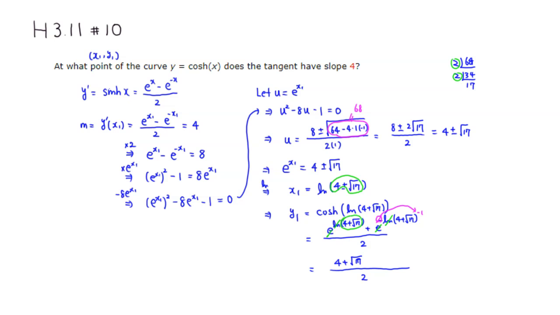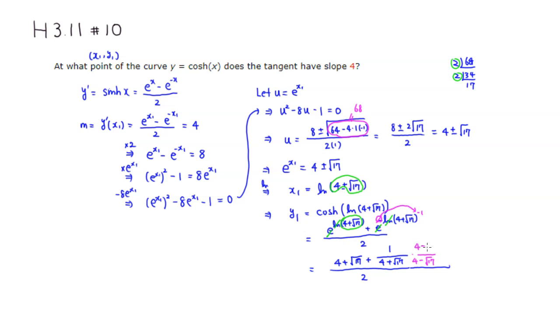Here we will have 4 plus square root of 17 to the negative 1 power. So it's going to be plus 1 over 4 plus square root of 17. To simplify this second part, I'm going to multiply top and bottom by 4 minus square root of 17.